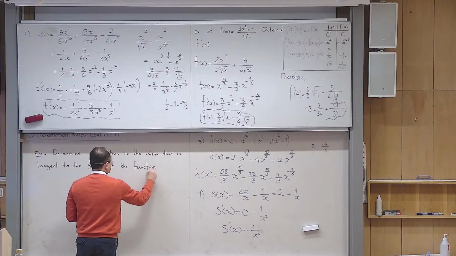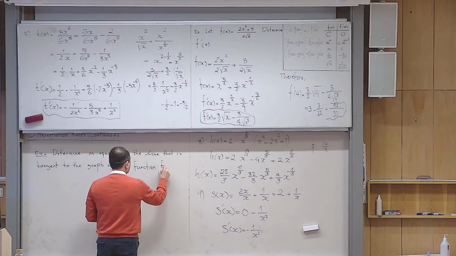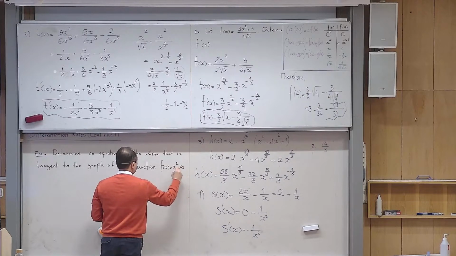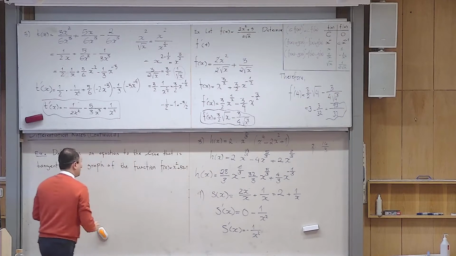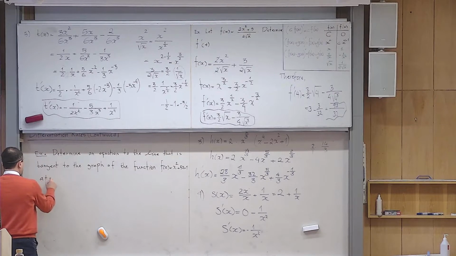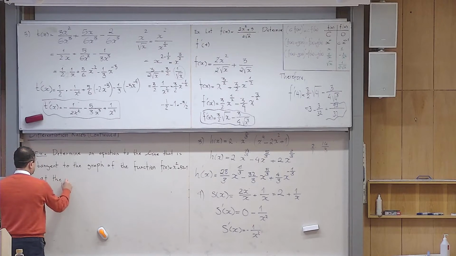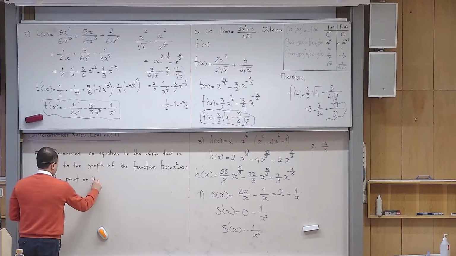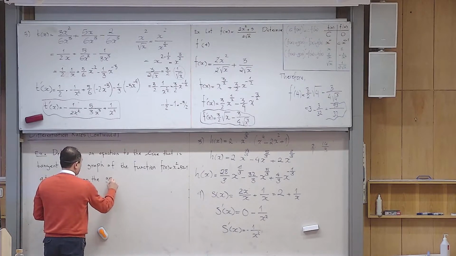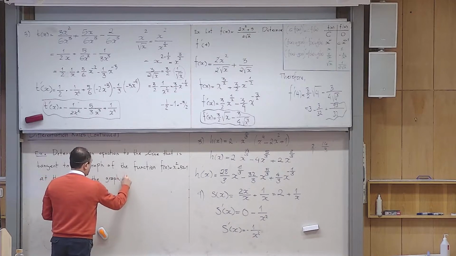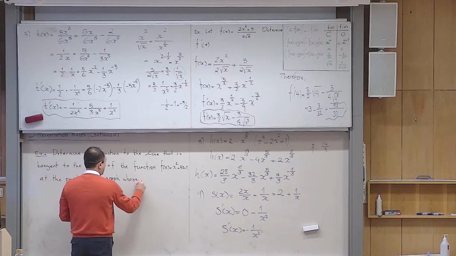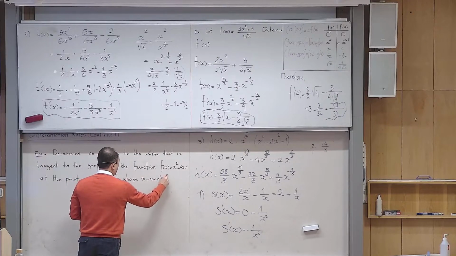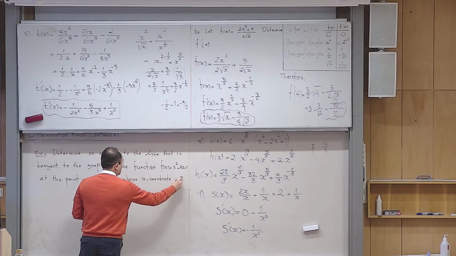Let me make it simple this time. The function f of x equals x squared plus 3x minus 1 at the point on the graph whose x coordinate is 1.